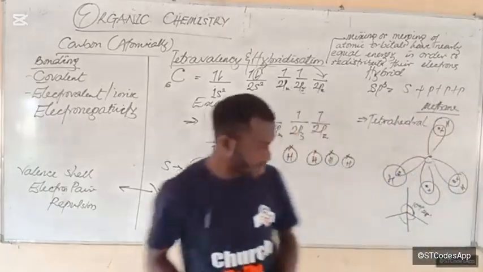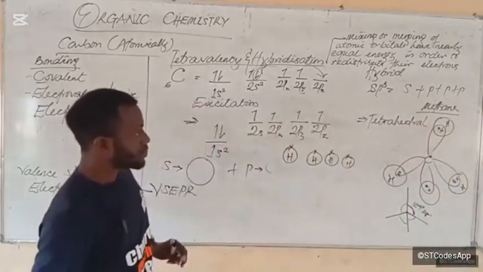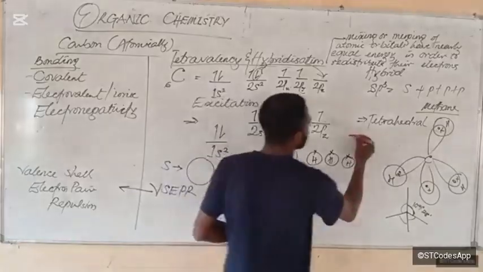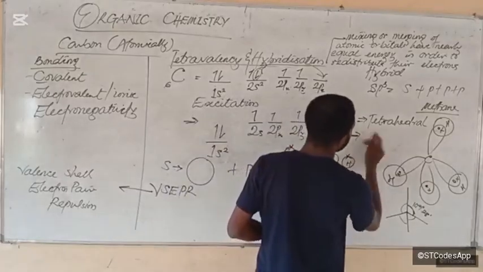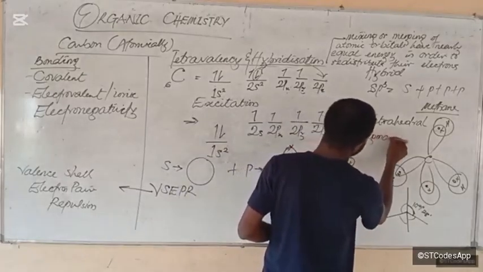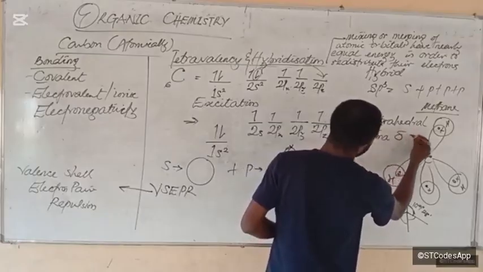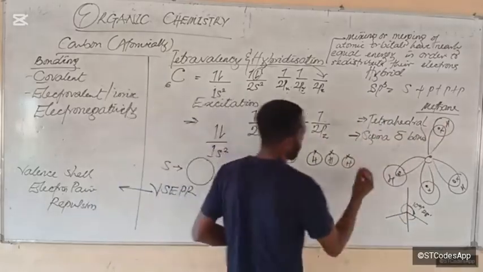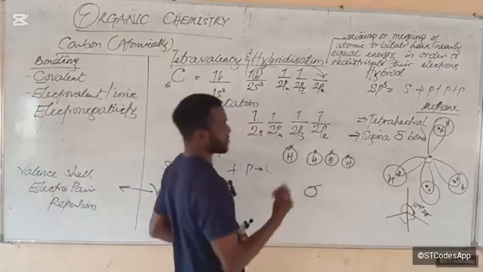The bond that is formed is called a sigma bond, and the way it is drawn is somewhat like this.